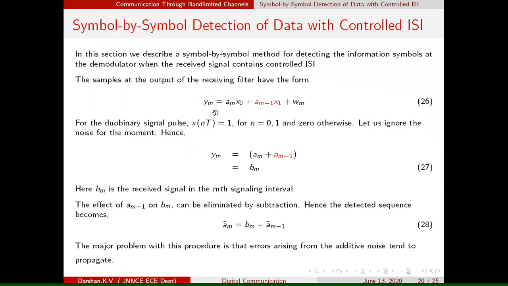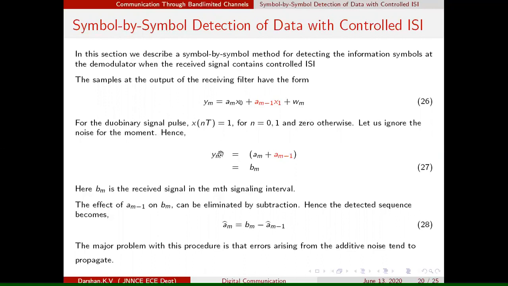So this was the basic equation. What was this equation suggesting to you? This equation was suggesting the output samples at the receiver. At the mth instant, if you observe the sample, along with the desired one you have one extra sample. Now if you substitute the values of x0 and x1, taken as unity, and if we neglect the noise, this was the equation for a_m plus 1.